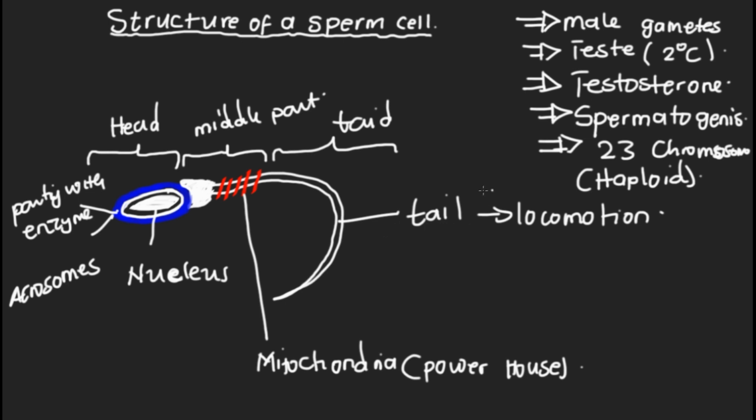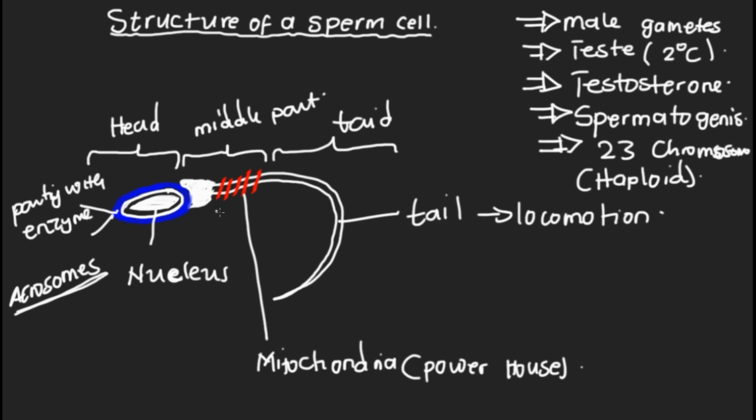Now there are also other questions that you may be asked. Maybe you are told to mention the adaptations. So the adaptations are, number one, the acrosome can be used as an adaptation. Remember, the acrosome is where the enzymes are found, and the enzymes are needed for the penetration of this cell into an ovum.